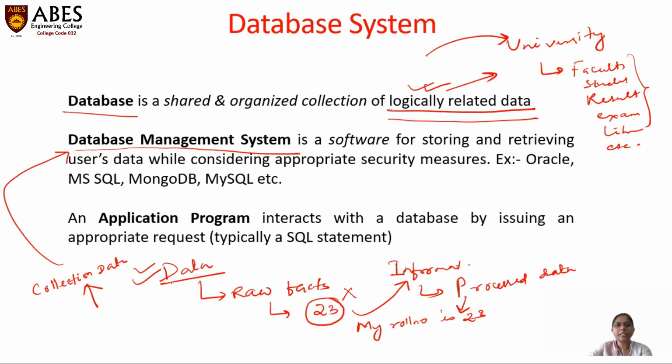So a database management system is a software, or a program, which can be used to manipulate the data stored in the database. Examples: Oracle, MS SQL, MongoDB, MySQL, SQL Server, DB2. These are all examples of database management system software, using which we can perform certain manipulation on our database.